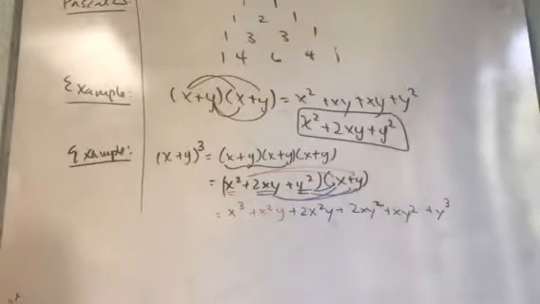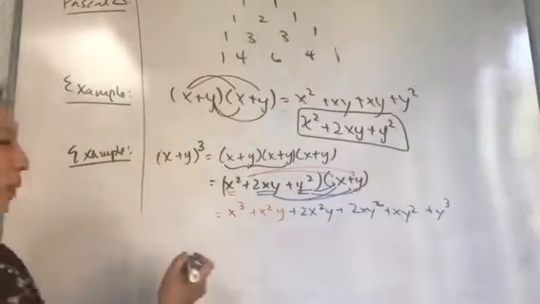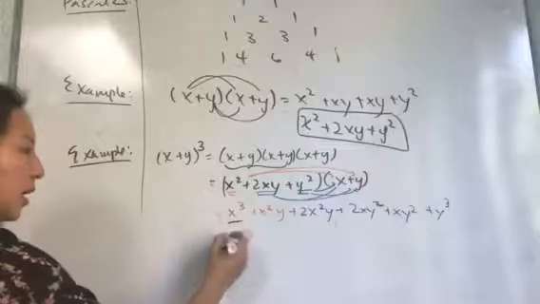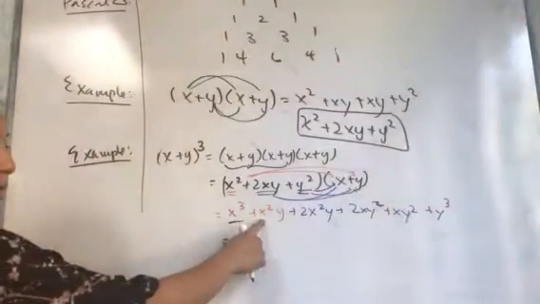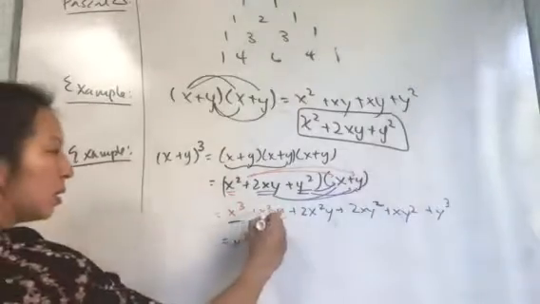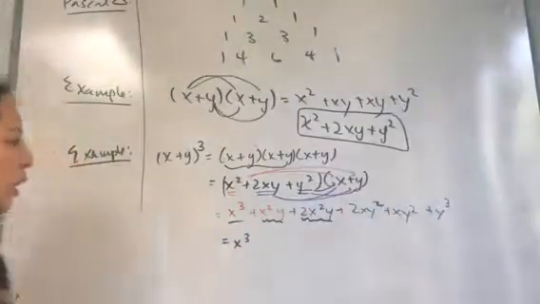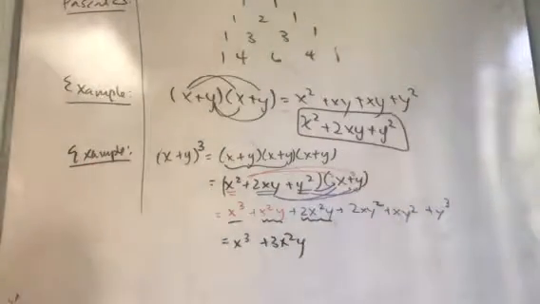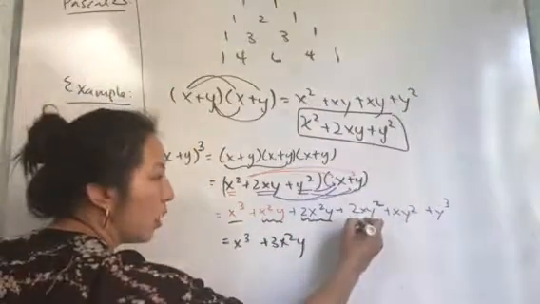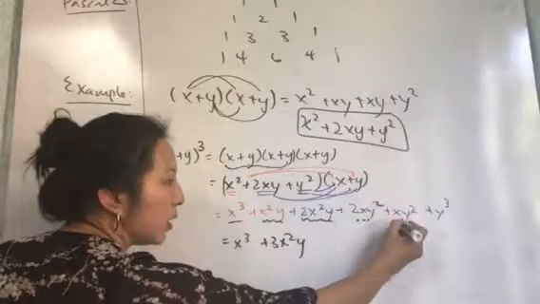So let's go ahead and combine some like terms here. I only have one term that has an x to the third, so I'm going to write that in. I have an x squared y here, and I also have a 2x squared y here, so that makes a 3x squared y. And then I have an xy squared term here, and also an xy squared.